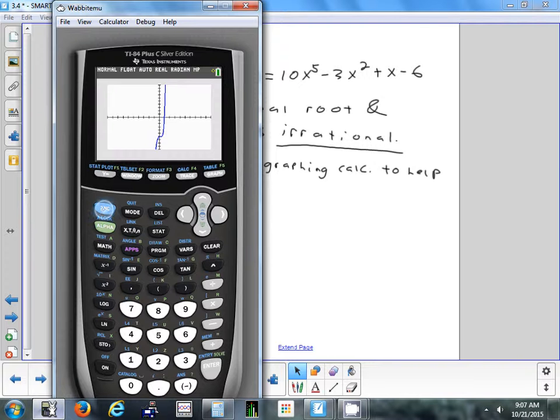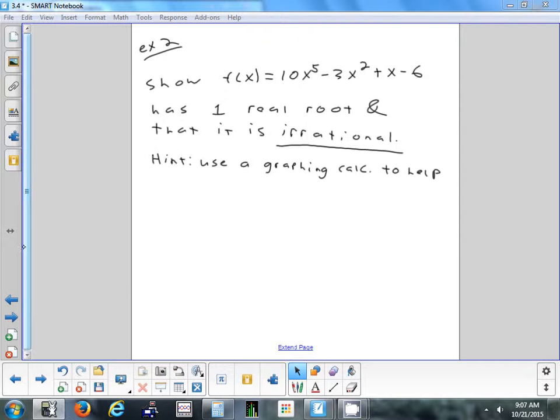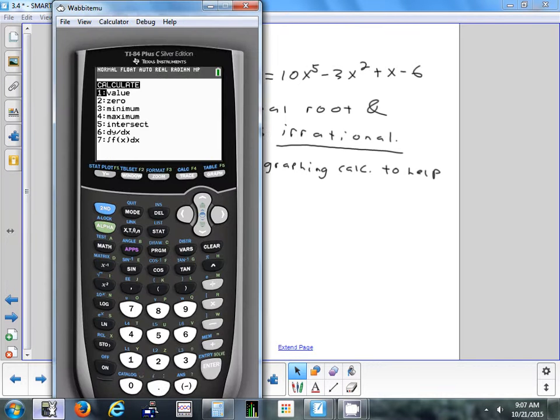There's where it crosses. Okay, let's find where it crosses. Okay, we're using the graphing calculator to help us out. Okay, I don't know any other way you could find where it crosses without using the calculator. Okay, because this is not a quadratic, so you couldn't solve it using the formula we know. Probably doesn't factor nicely.